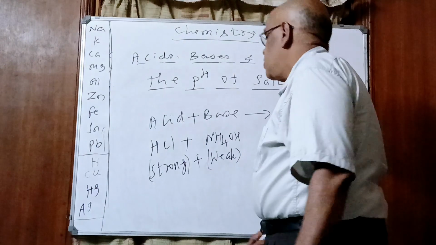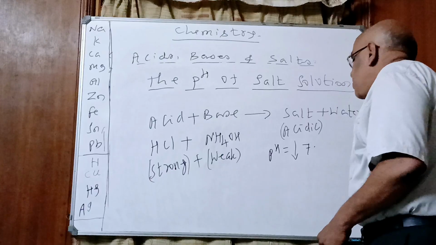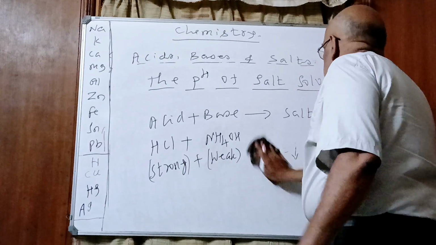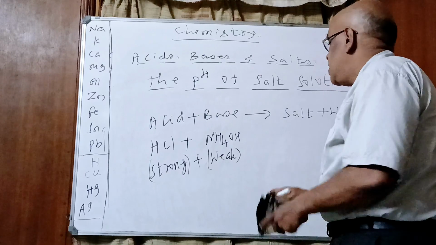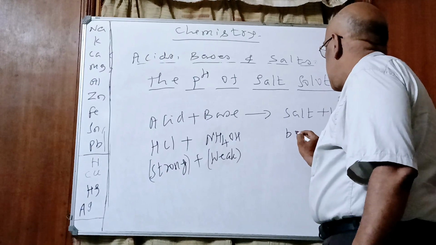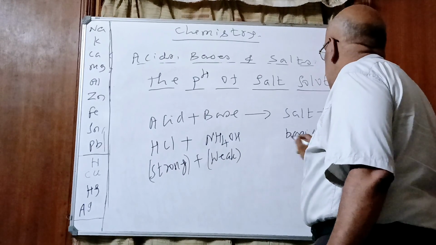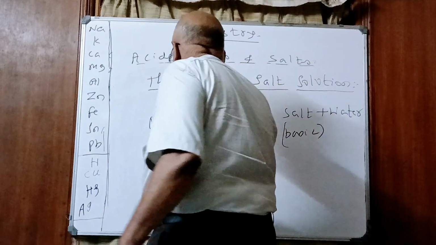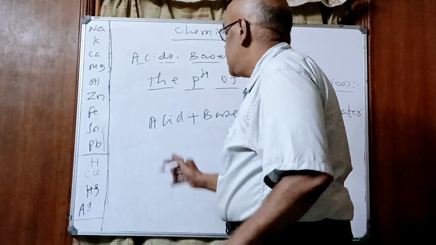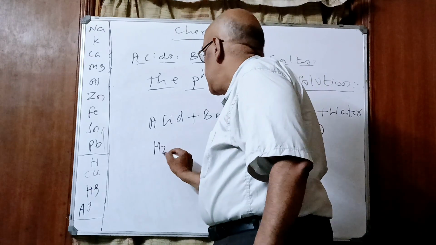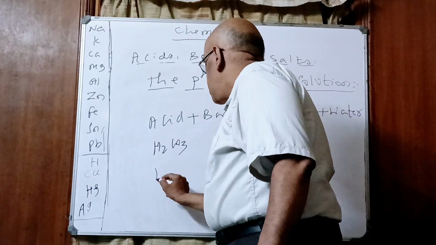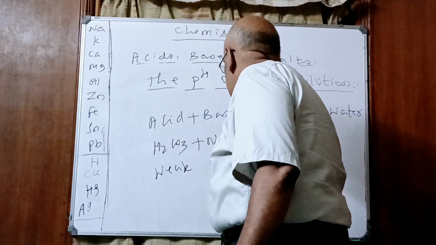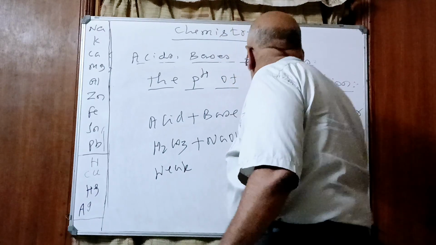Then come to the next type of salt. Which is the next type of salt? Basic salt. Now you might have got the hint. What is basic salt? Basic salt is the salt formed by a strong base and a weak acid. Which is the acid? The acid is H2CO3, carbonic acid, which is weak, and the strong base is NaOH.